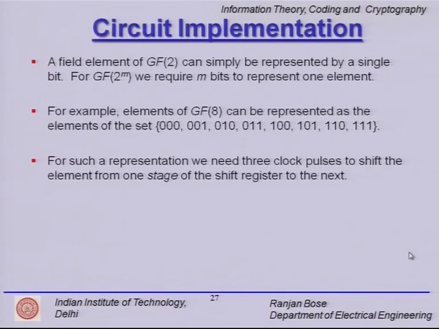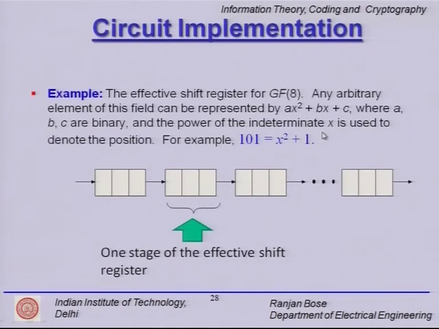We take an example of how GF(2) can be used to represent GF(2^m). For example, if you have to represent GF(8), a non-binary cyclic code over GF(8), then the 8 elements of GF(8) are simply represented in their binary form. For example, 101 is nothing but the polynomial x squared plus 1.